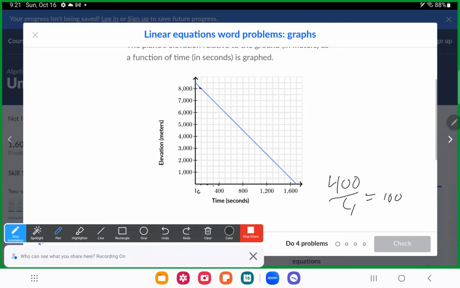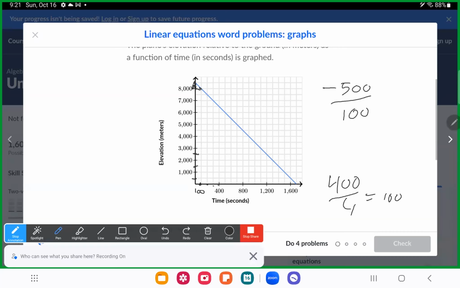So this is 100. And so it goes down by 500 and over 100 to get from here to here. The interval on the y-axis is 500.